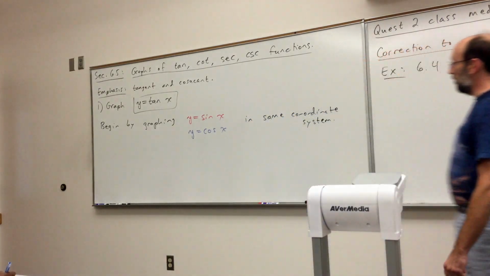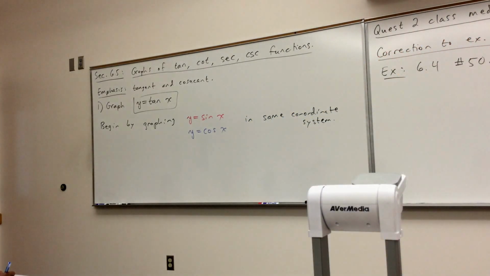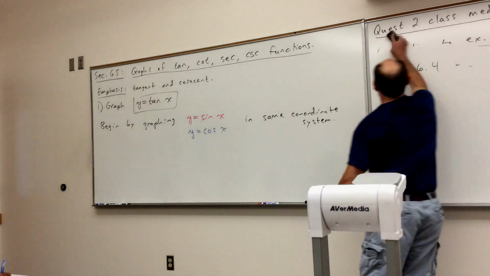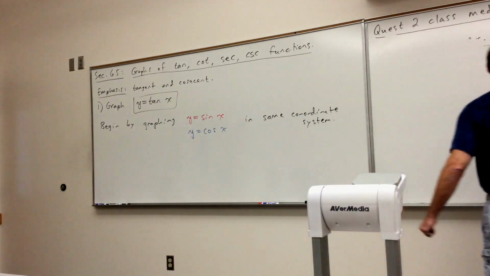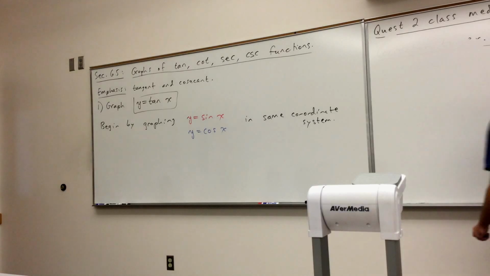Okay, and then we'll see how the asymptotes, there will be vertical asymptotes for your graph of the tangent function, are related to certain key points on the cosine or sine function, and so on. All right, so let's do those.